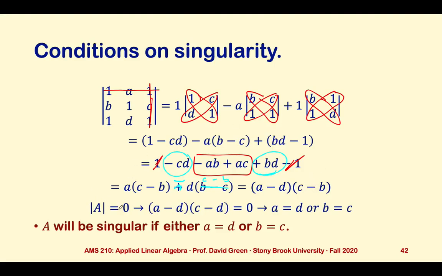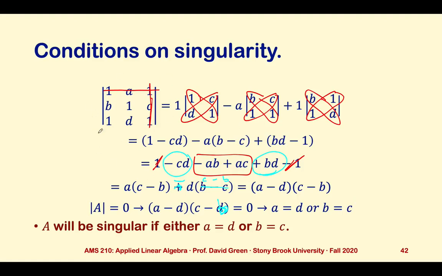So the determinant of A will be 0 if either A minus D equals 0, which means A equals D, or if C minus B equals 0, giving us B equals C.